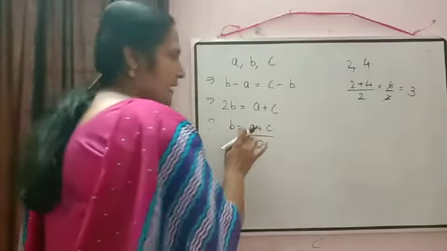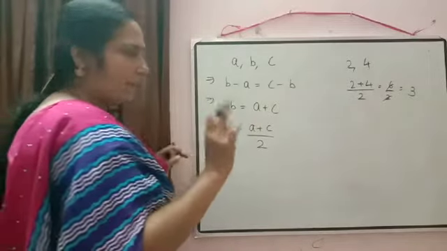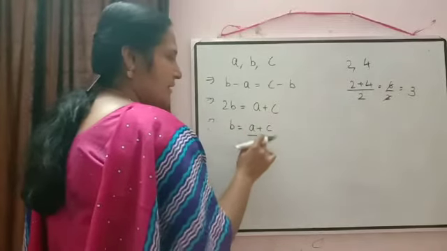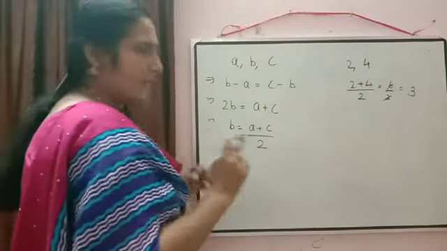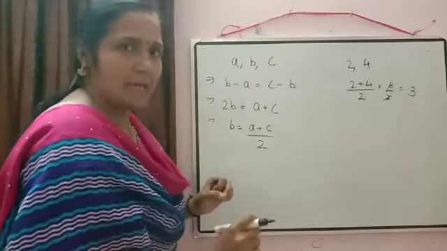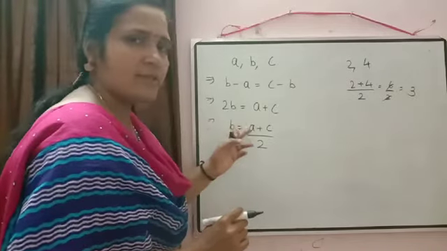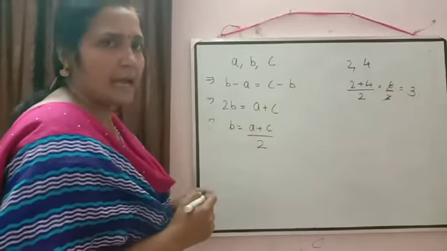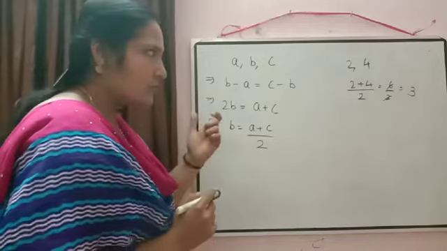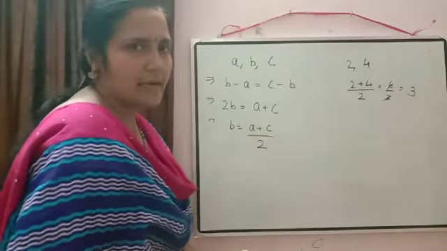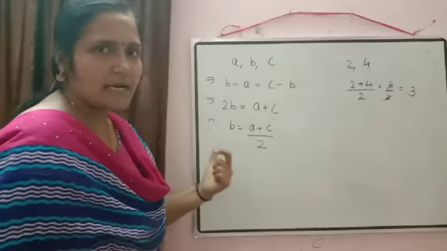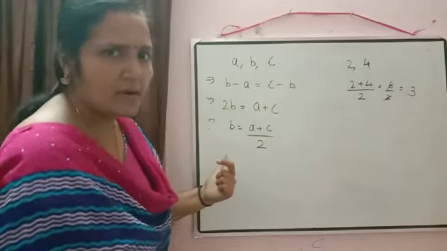So A and C are two numbers, and we have calculated the mean of A and C, which is called the arithmetic mean. So here B is the arithmetic mean of A and C. To calculate the arithmetic mean, just add the two numbers and divide by 2. I hope the concept of mean is clear. Okay.